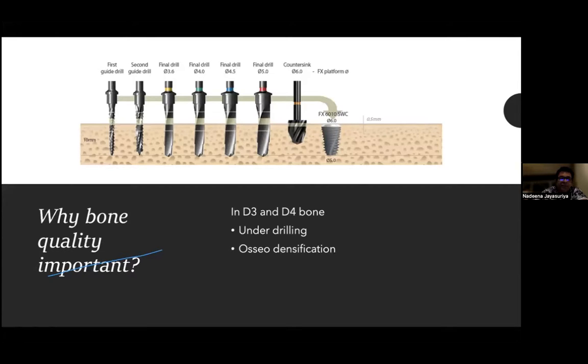The implant will have a drill kit, and they will tell you which drill to use and how the sequence goes. And they will also tell you what speed these drills should be used at. Everything is mentioned. You just have to go through the user guide of the implant system.